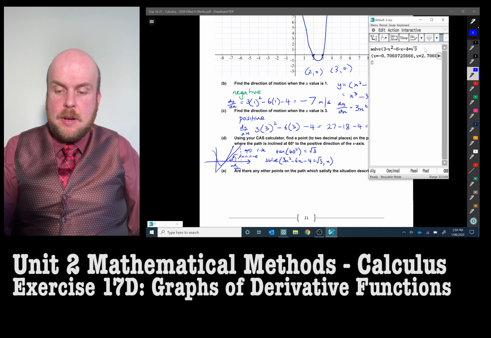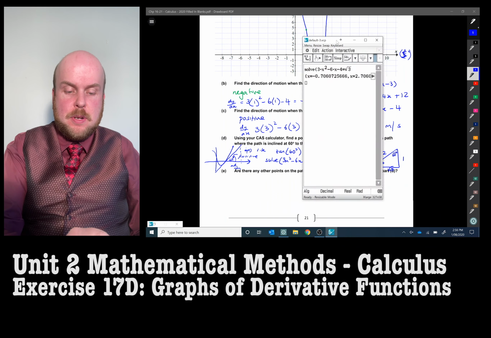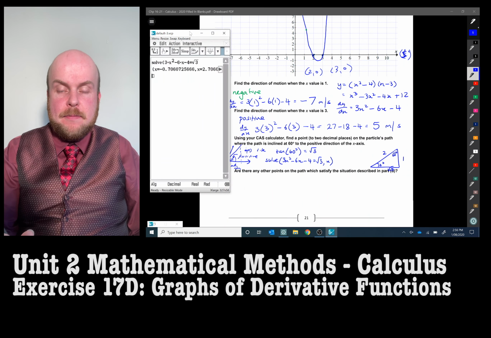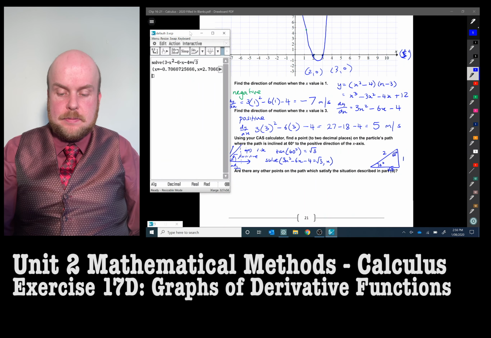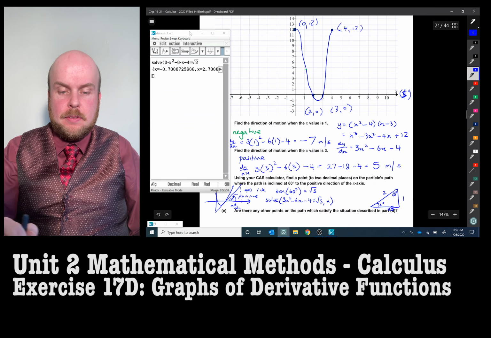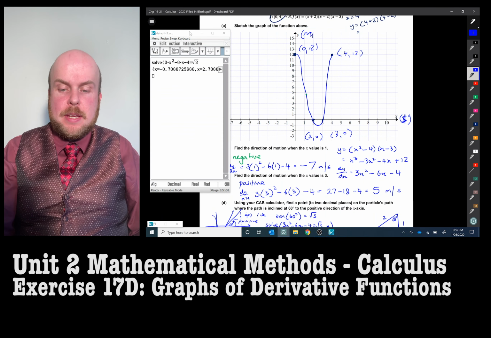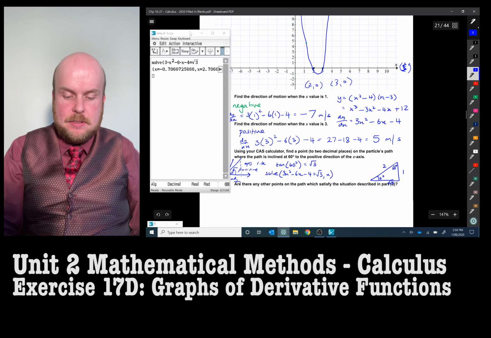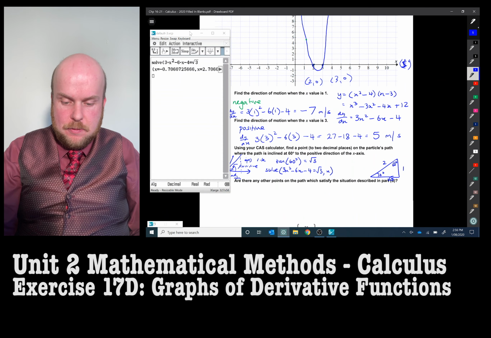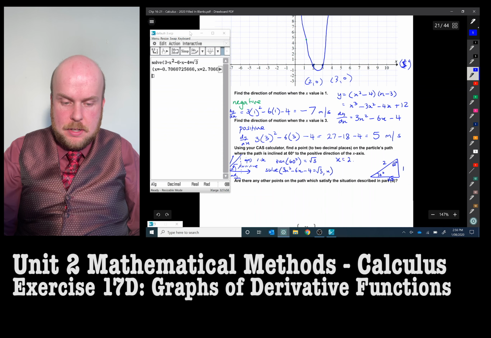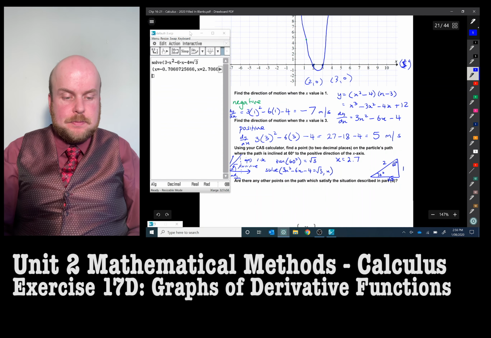So which value of x do I choose? Well, remember that the domain is from 0 to 4. So we can't have any negative x values. So we'll use that positive one. So x is equal to 2.7, we'll say 71.